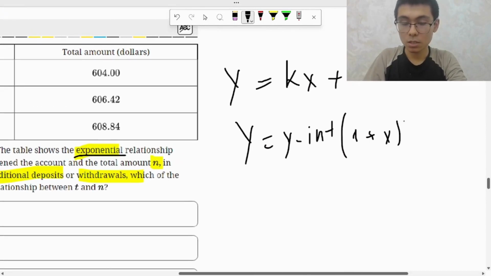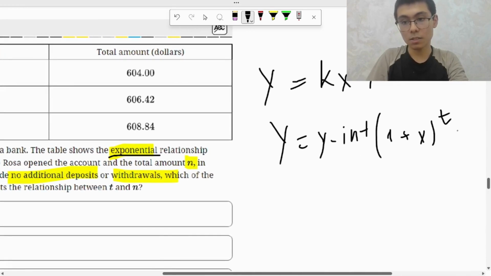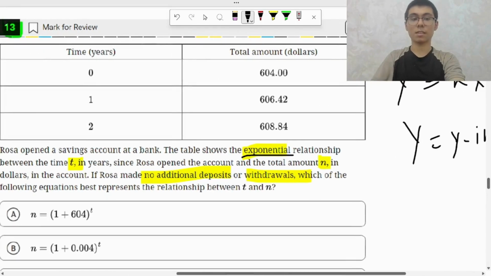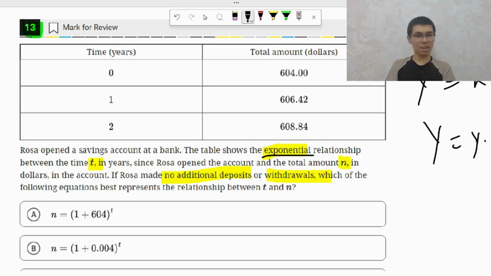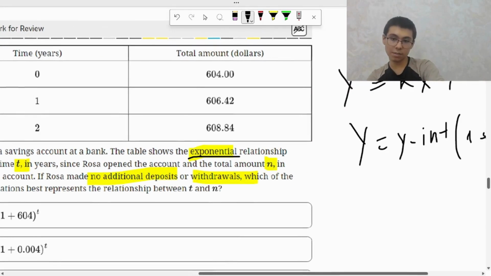So x in the power of t. T is time here. In this case, we've got to understand the situation. The situation is Rosa opened an account in the bank and she did not make any additional deposits over those years, and the amount of dollars is increasing at an exponential rate depending on time.